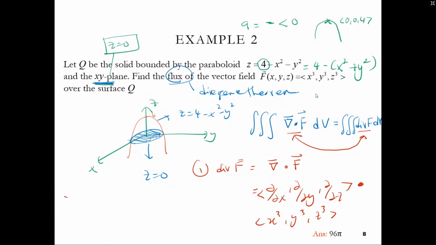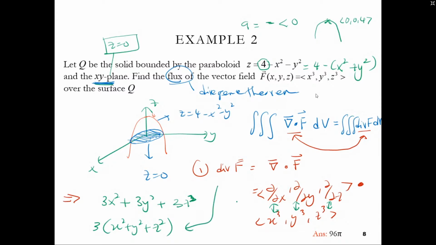From here you can proceed: differentiate x cubed with respect to x, you should get 3x squared, plus differentiate y cubed with respect to y, 3y squared, plus differentiate z cubed with respect to z, 3z squared. All have 3, so you can simplify it to 3 times x squared plus y squared plus z squared. So this is basically the divergence F, and we get the triple integral of 3 times x squared plus y squared plus z squared.